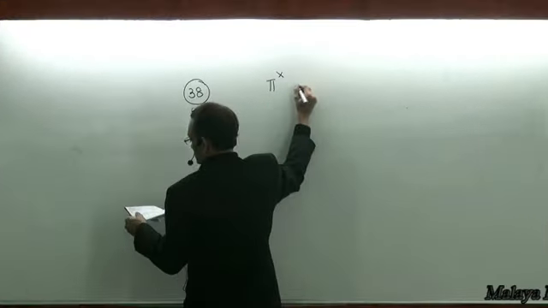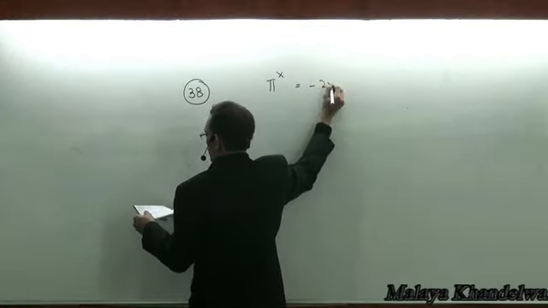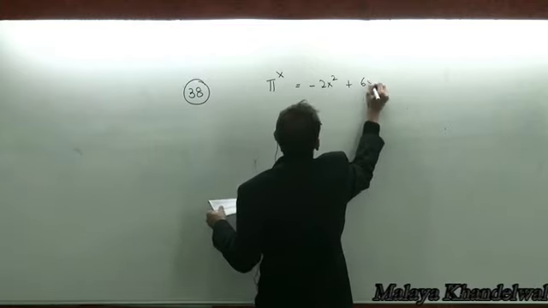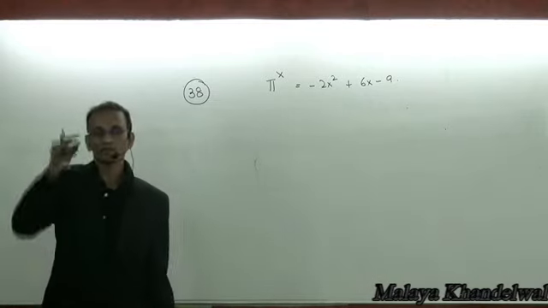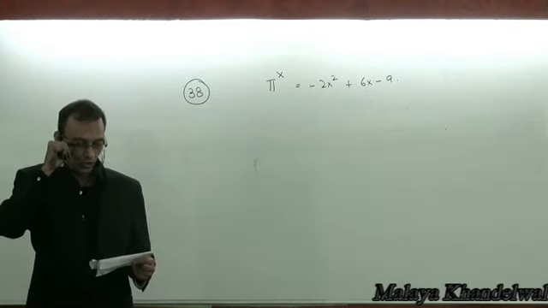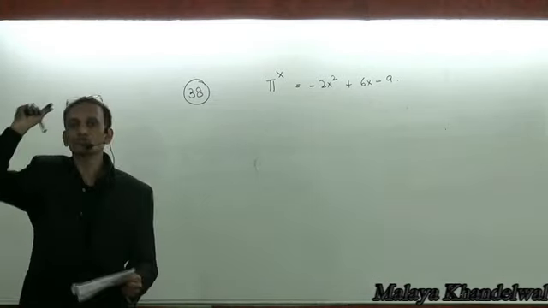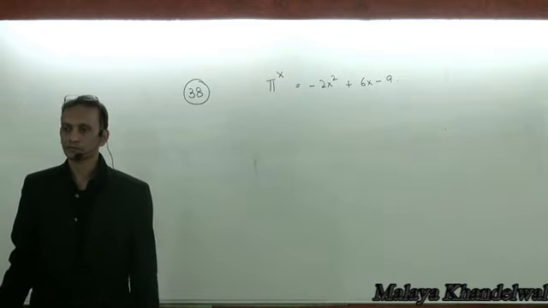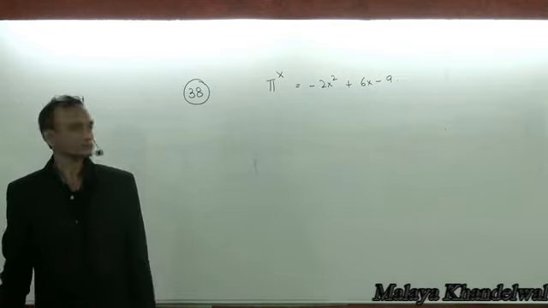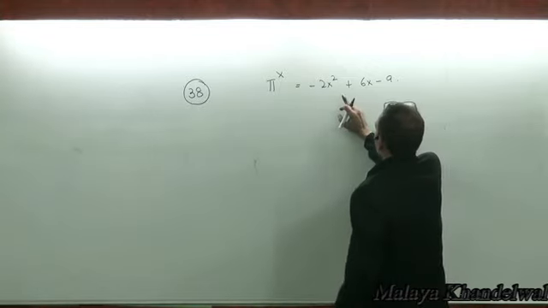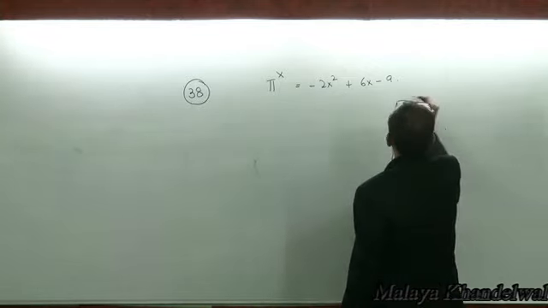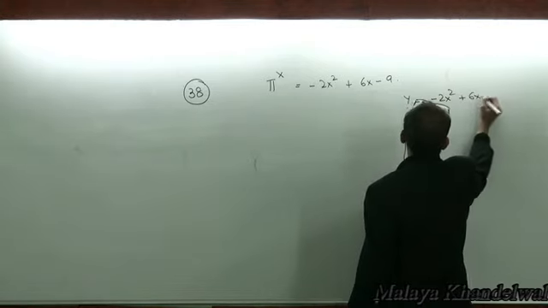Pi to the power x is minus 2x squared plus 6x minus 9. We want to find all real solutions to this equation. Now, look at this. y equal to minus 2x squared plus 6x minus 9.